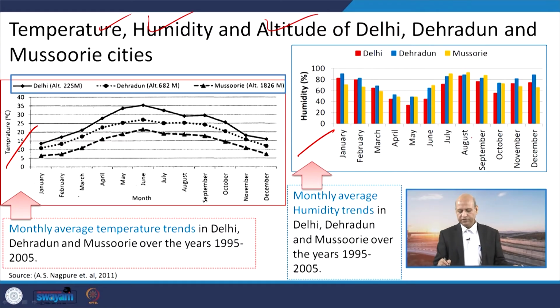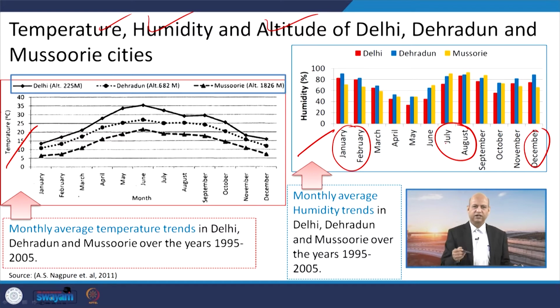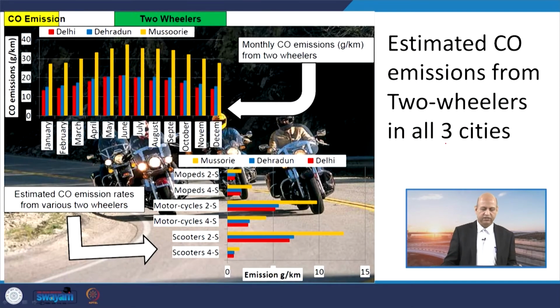In Mussoorie, in July and August it is more, followed by Dehradun and then Delhi, but in winter time Dehradun has more in January and February or December also, and then second is Delhi, but in Mussoorie it is rather less in comparison to these two cities. So, basically if you see the whole year, different months have different humidity content in the atmosphere of these cities.